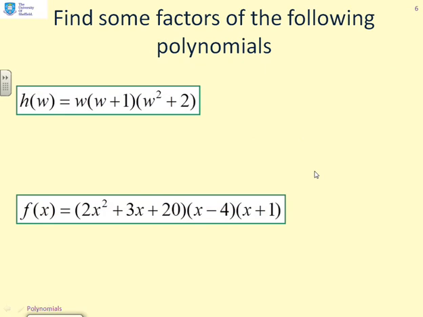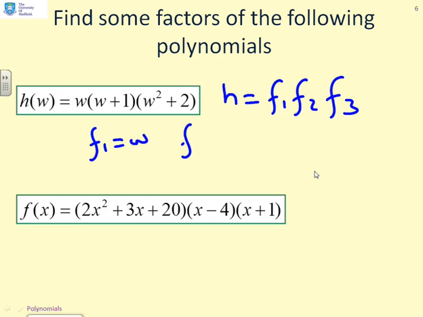Now, some harder examples. Where might the factors be for the following polynomials? So I've got h of w equals w times w plus 1 times w squared plus 2. And hopefully it's obvious. I can write h equals f1, f2, f3. So three factors, where f1 equals w, f2 equals w plus 1, and f3 equals w squared plus 2. And what about this example lower down?